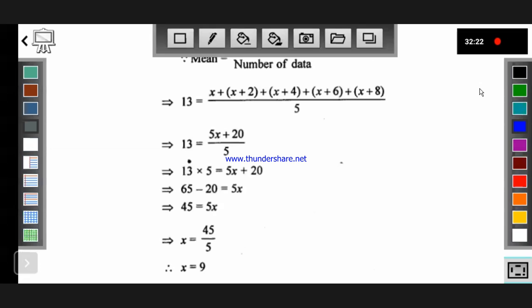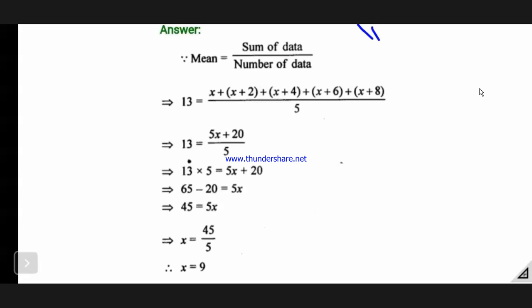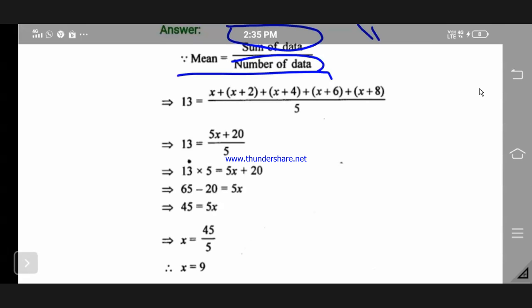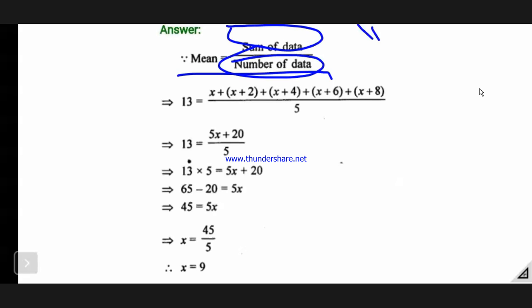Listen here. We know the formula for mean: sum of data by number of data. We are adding these values and dividing by 5 since there are 5 terms. Here, 13 into 5 is the sum of data.